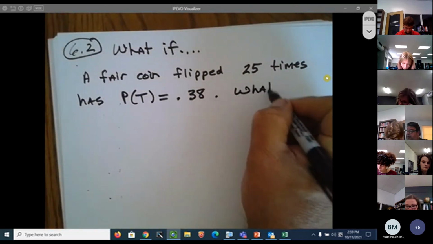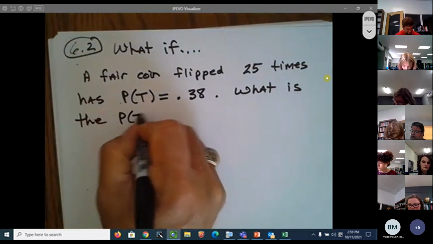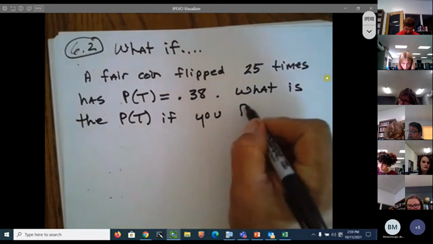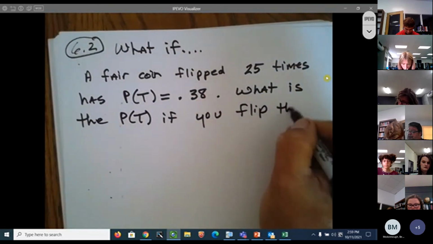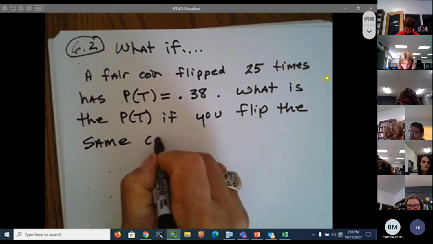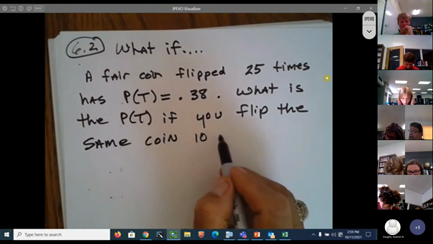What is the probability of tails if you flip the same coin 10 more times?